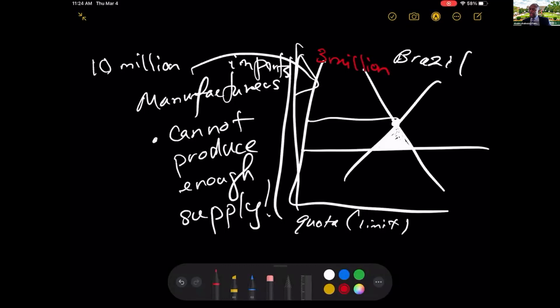Or they may have another tax for you. They may say you can bring in your 10 million, but anything over 3 million, you pay another 2% tax. Well, let's just say you have to pay another 1% per million.